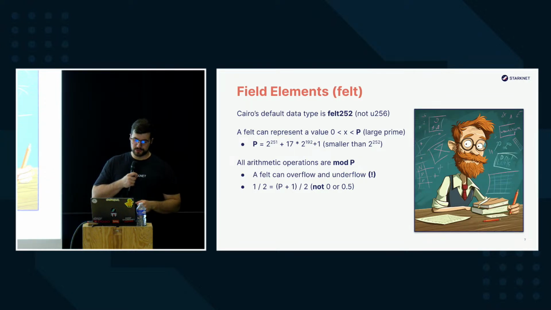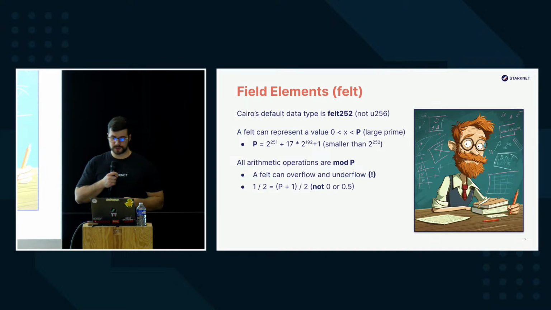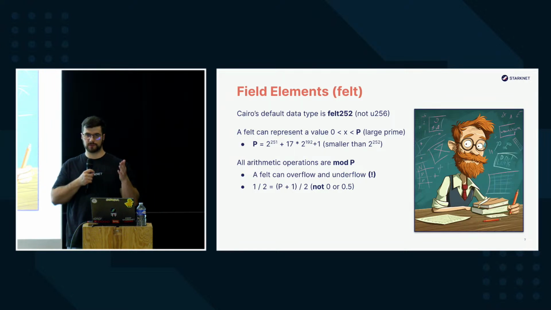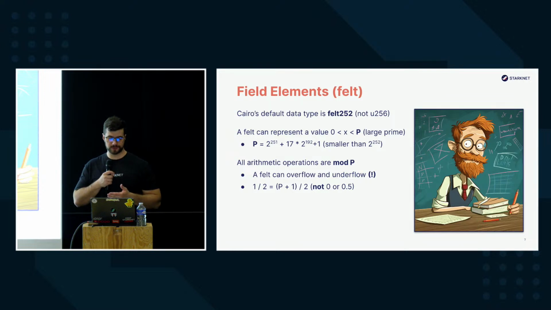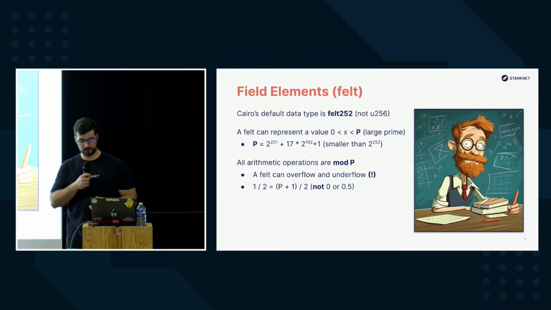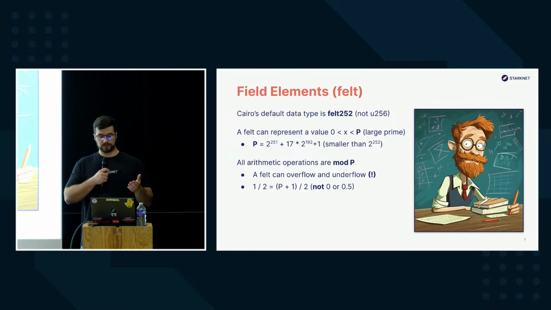Now, where it becomes interesting is when you're doing integer division. It's not your standard CPU integer division, where if you divide 7 by 3, it could be either satisfiable or unsatisfiable, depending on the use case. The thing is, with felt division, this will always be satisfied. And how is felt division represented?